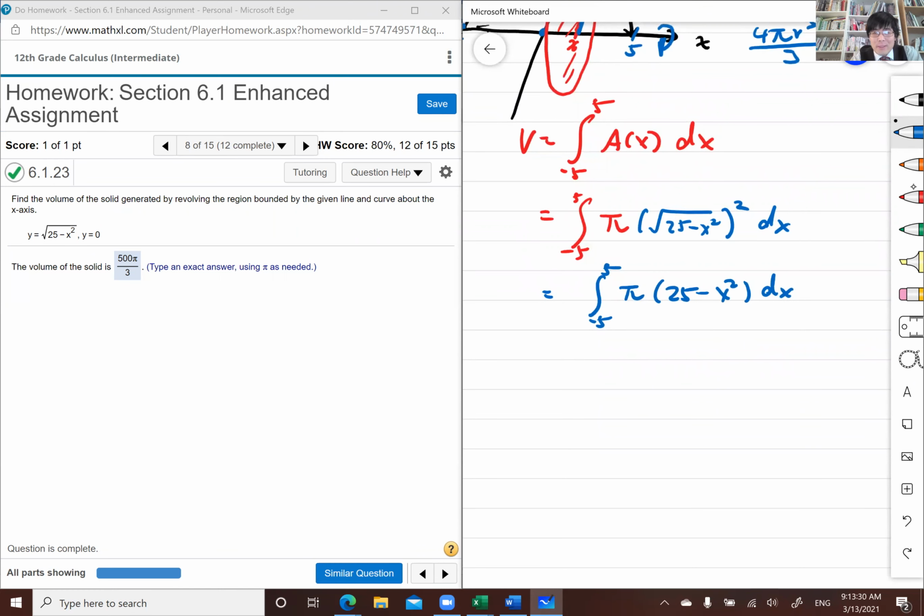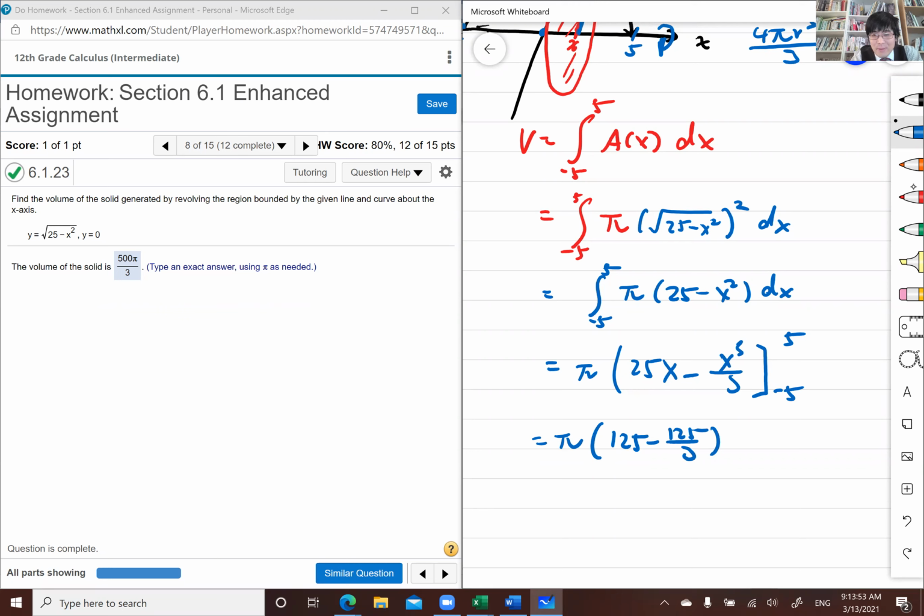Now integrate this one, it's going to be simple. Pi put out, the integral will be 25x minus x cubed over 3, from -5 to 5. Of course, you could use the even function property to simplify this a bit, but let's just plug in.